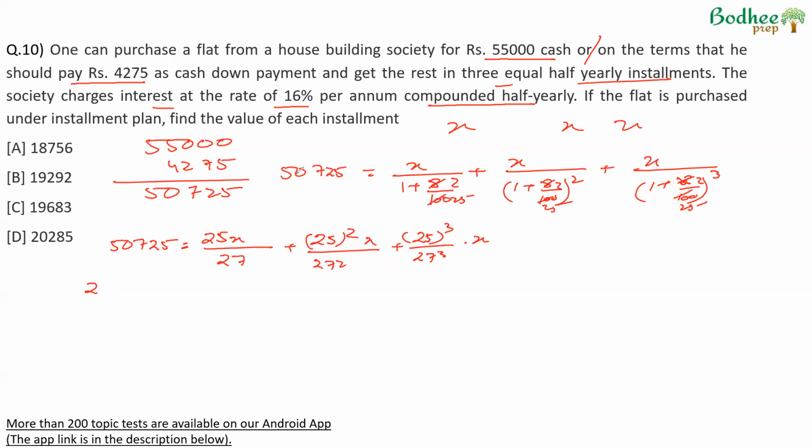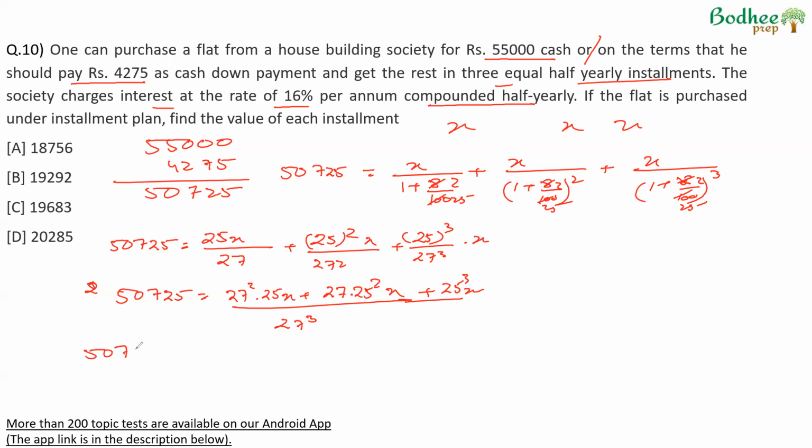Not a multiple. So what we do, we take the LCM on the left hand side. 50725 is equal to 27 cube. This becomes 27 square into 25 x plus 27 into 25 square x plus 25 cube x.